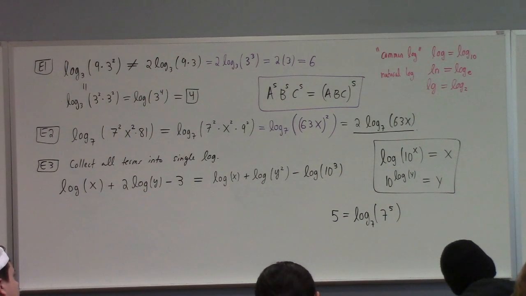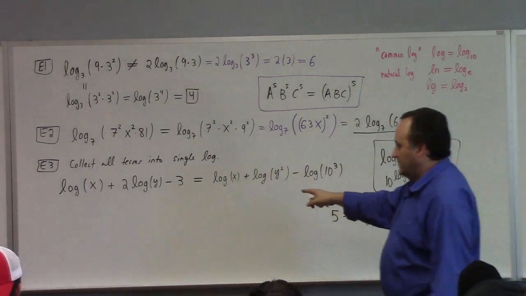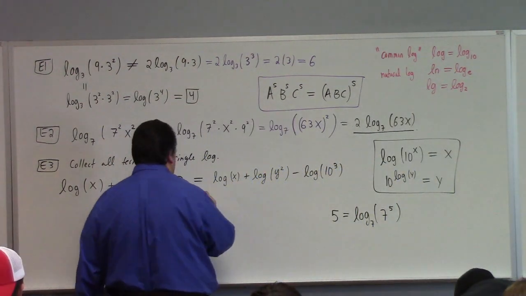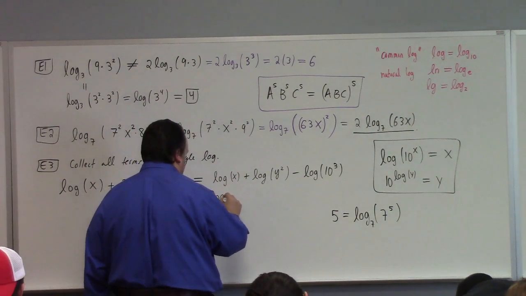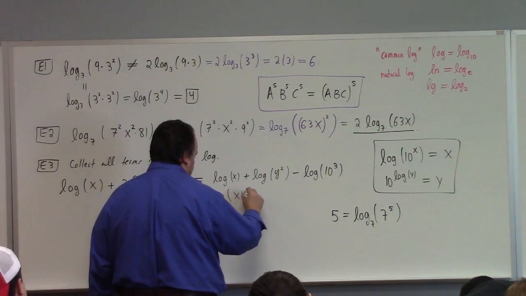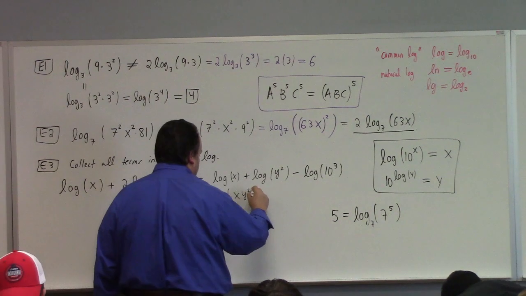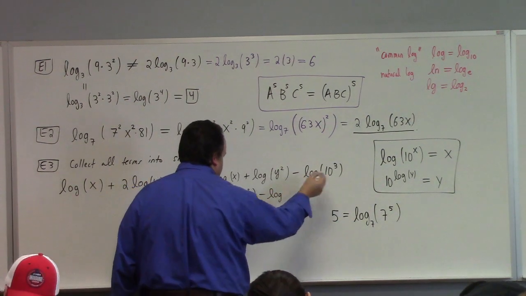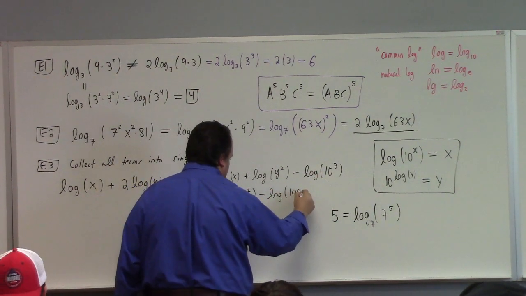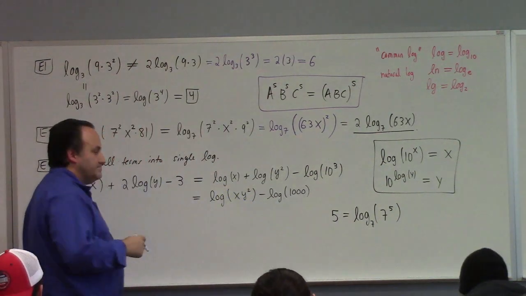But now that I have this, we can use the properties of log, right? This is the log of x times y squared, minus the log of, well, 10 to the third power is 1,000. I'll just write it like that.